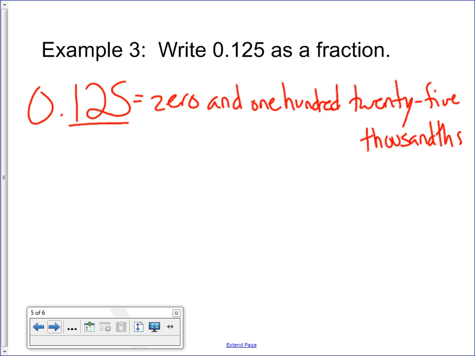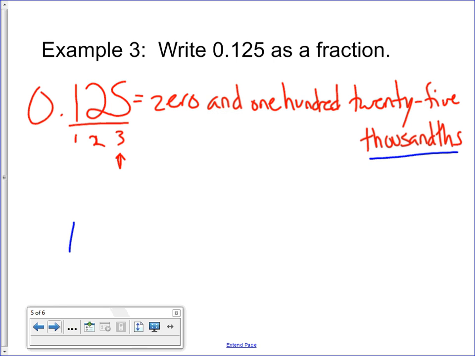Why do I say the word thousandths? Because it goes 1, 2, 3 places. There are 3 places behind the decimal, and it ends in the thousandths place. You read it as what's the last digit and what place value is the last digit in. So this one's a little bit different. This says thousandths.